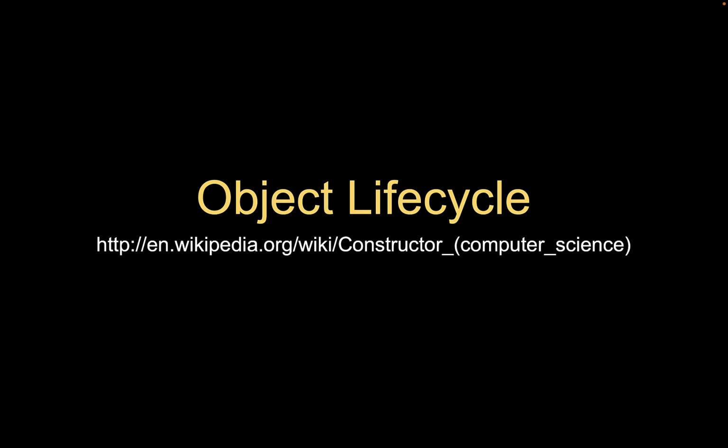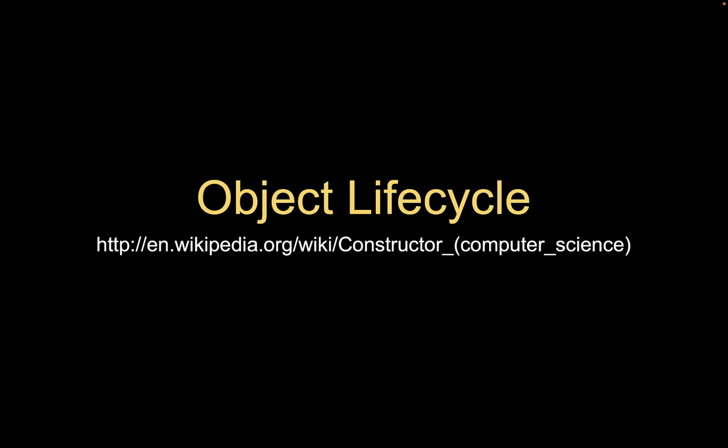Okay. So far we know that when we use a class and we create a new instance of a class, we get an object. Okay, and that object is a combination of data and behavior. Okay, and the data is going to be held in the instance variables, and the behavior is going to be represented by the code that's in the methods, right?